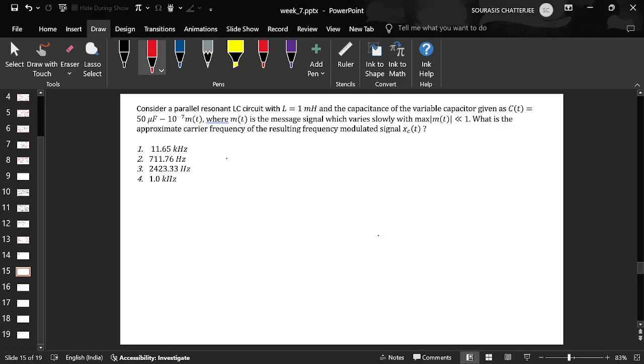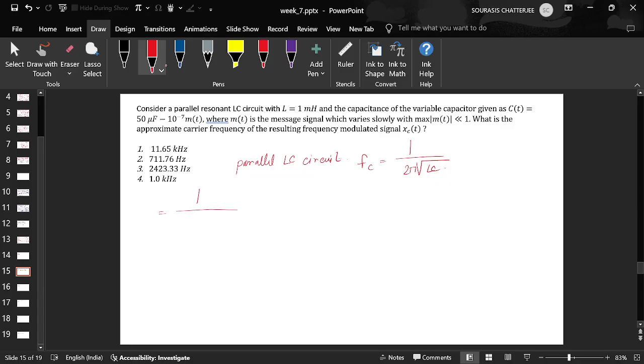And when you talk about a parallel LC circuit, the frequency you're talking about is 1 over 2 pi root over LC. So basically you have to compute this value here.